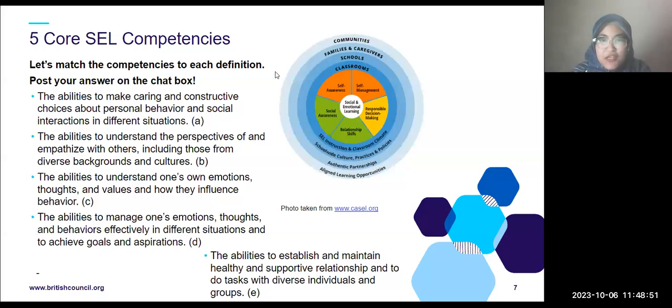Okay. Anyone want to participate on the chat, perhaps? So we have 5 core values here. Is it social awareness? Anyone? Thank you. The ability to make caring and constructive choices. Do you think it's social awareness? What core value is A here?